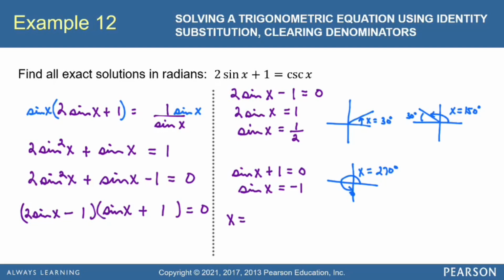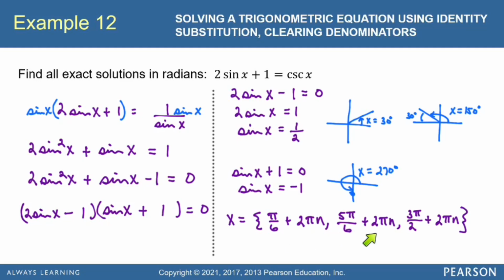So our solution set is 30 degrees, that would be pi over 6, and then plus 2 pi n to get all the coterminal angles, comma, 150 degrees, which would convert to 5 pi over 6, plus 2 pi n to include all the coterminal angles, comma, 270 degrees, which would convert to 3 pi over 2, and then we add 2 pi n to include all the coterminal angles.